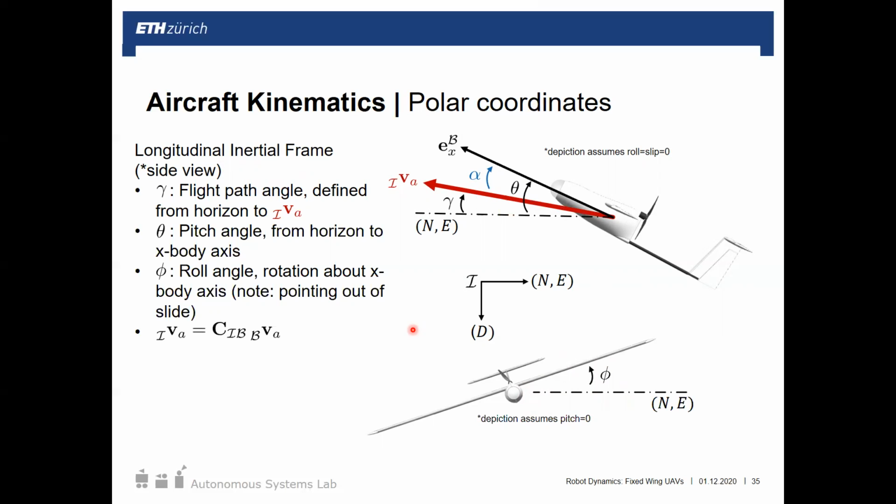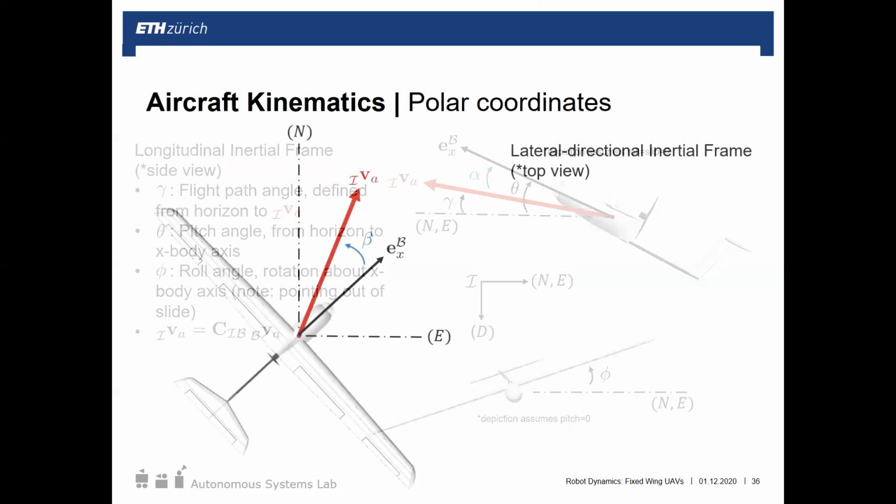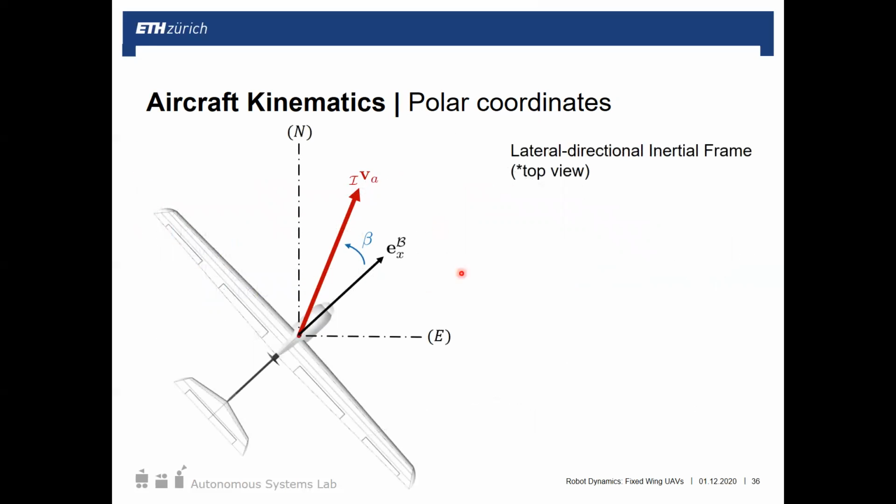Again, we can transform between the body defined UVW airspeed components to the inertially defined airspeed components, to show this here in the inertial frame. Now if we look down at the top view, still in polar coordinates, we'll look at the lateral directional inertial frame.